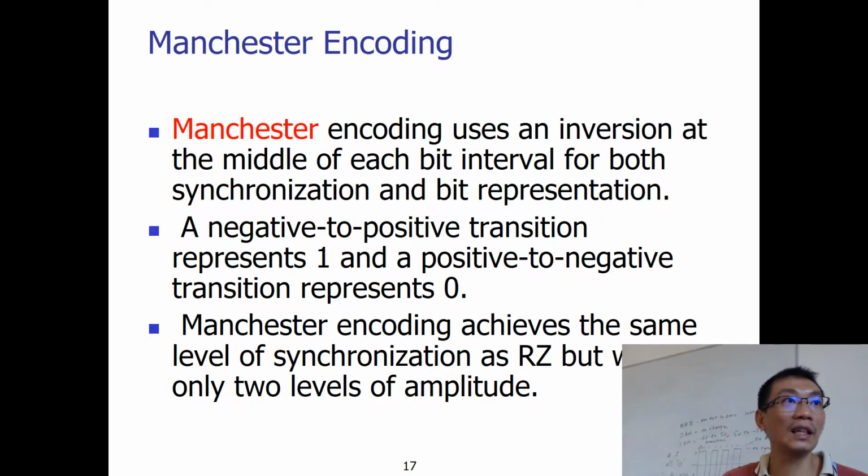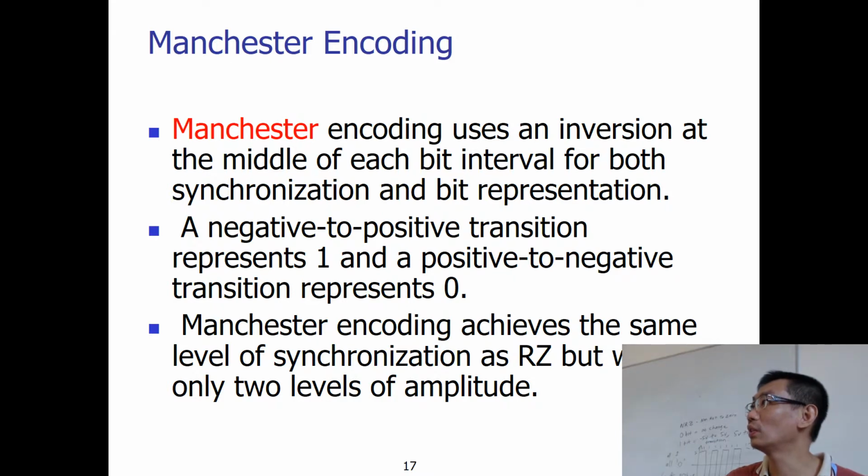So the next thing is that you have Manchester encoding. You use inversion in the middle. Alright? So a negative to positive transition means 1. A positive to negative transition means 0. Okay? So Manchester encoding achieves the same level as RZ, but you only use 2 amplitudes, positive and negative.